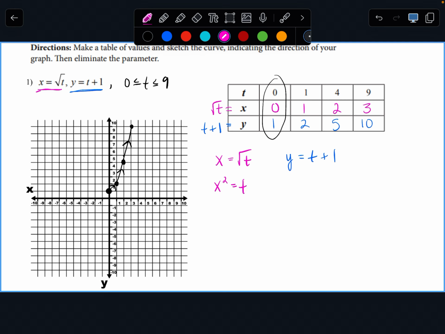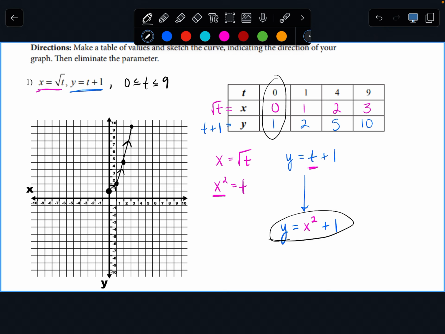And then I'm going to plug in the x squared for the t over here. So I get y equals x squared plus 1. Okay, so that's what's called the rectangular or Cartesian equation.